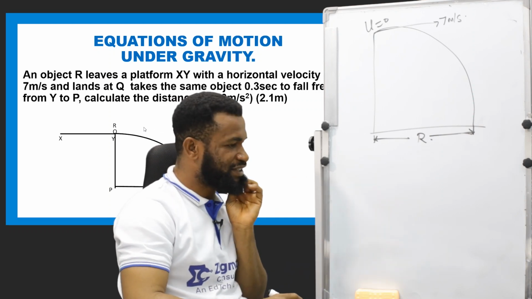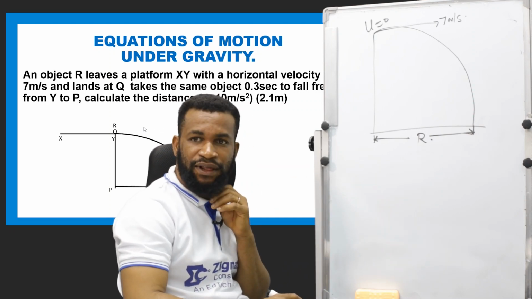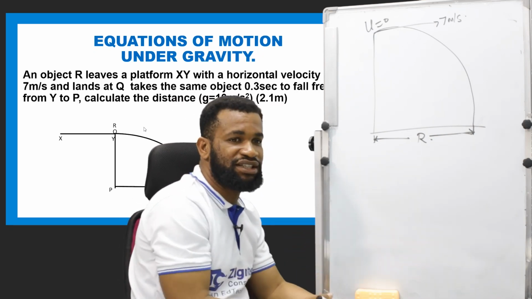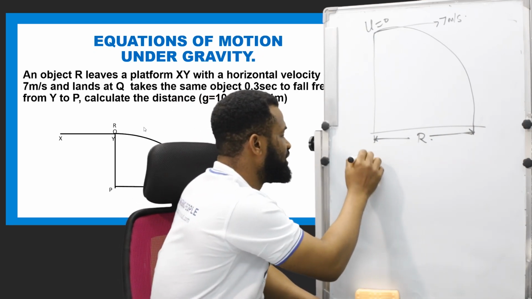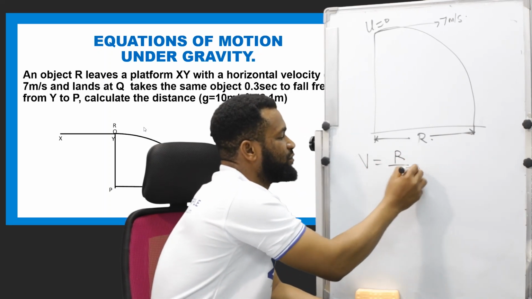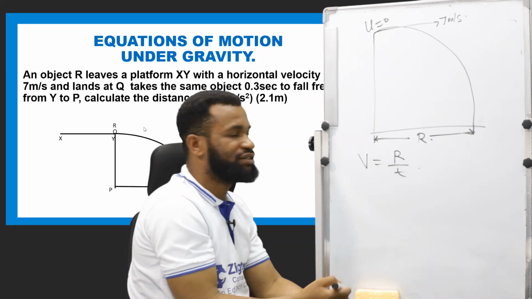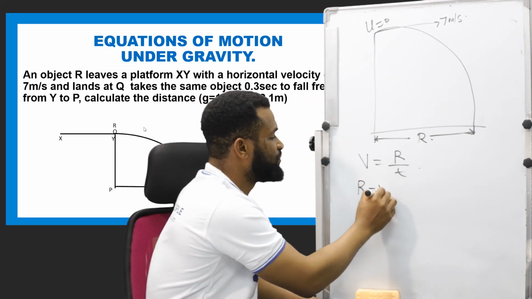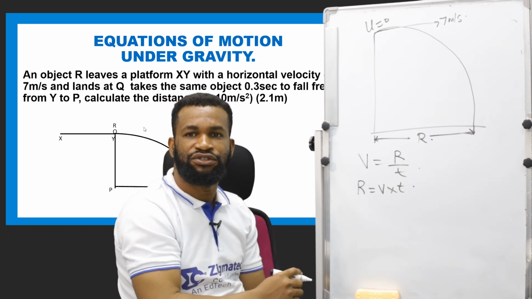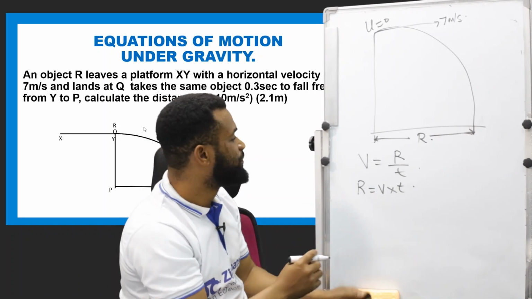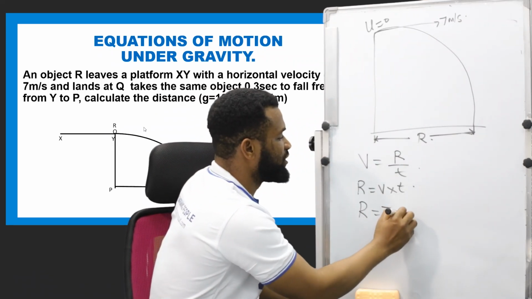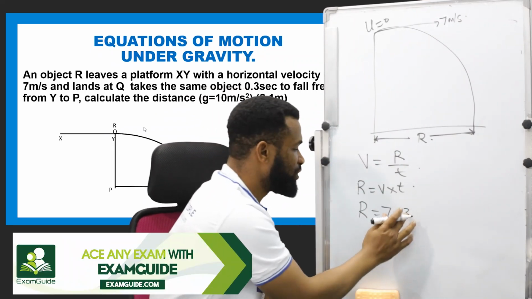Then the distance: remember that speed is equal to distance over time. Because the distance here is the range, the range is equal to V times time. V is already given as 7, so this is going to be 7 times 0.3.